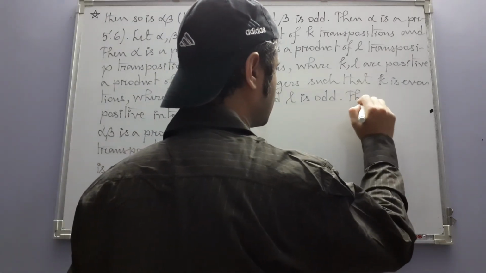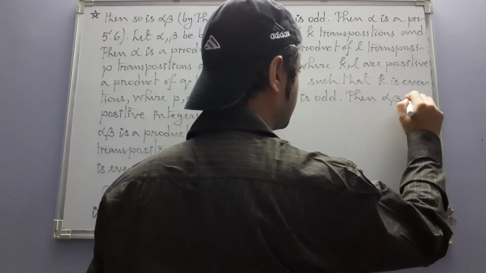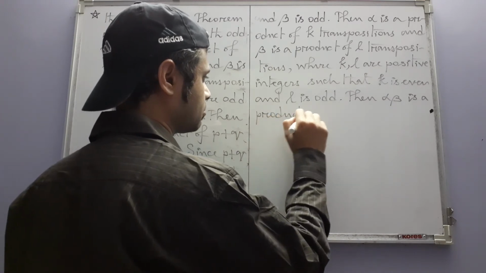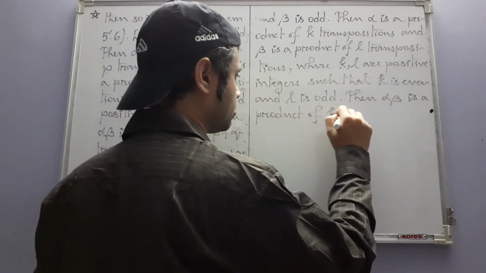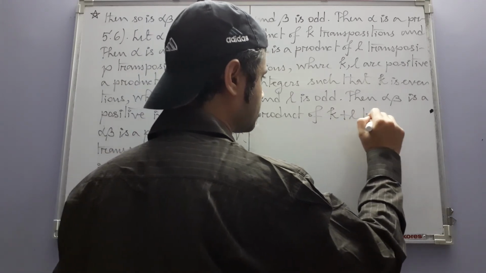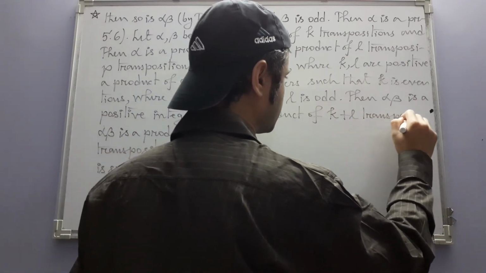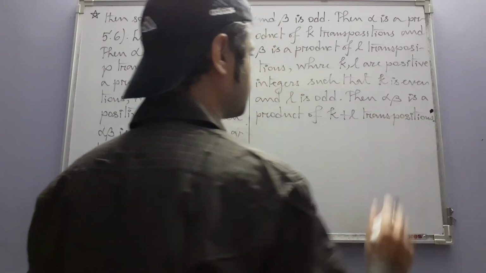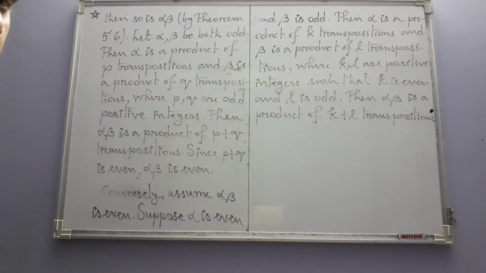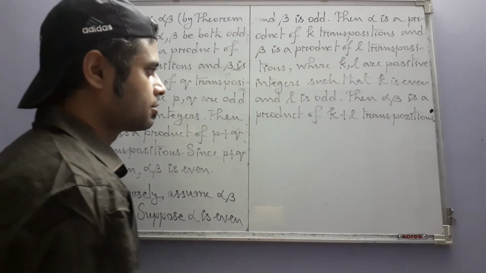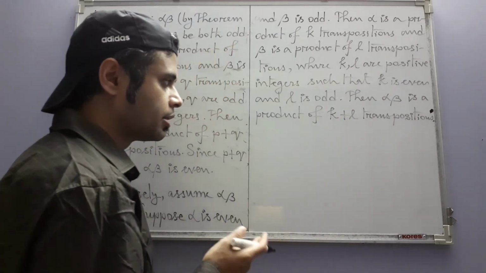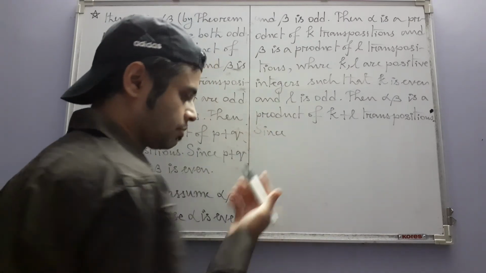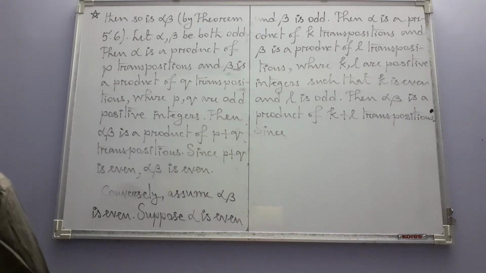Then alpha beta is a product of K plus L transpositions, and now the contradiction arises because K is even and L is odd, so the integer K plus L is odd.